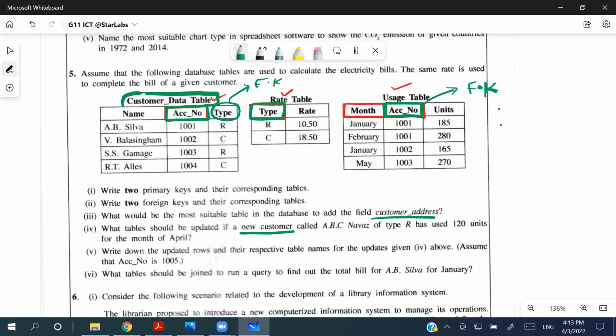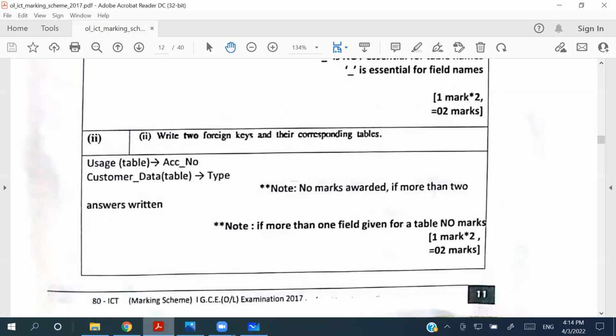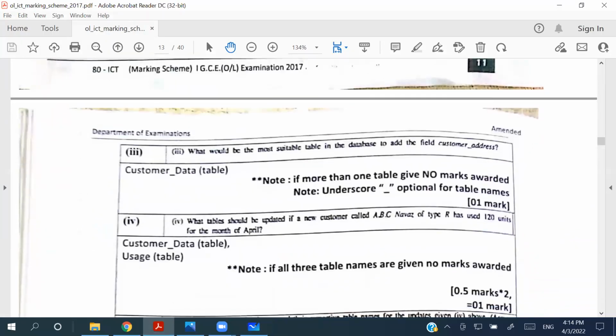So the unit usage is also given, for the month of April. That means this usage table should also be updated. Customer data table should be updated with the customer details. Usage table should be updated with the usage details. Therefore, the answer is given like this. So it's the customer data.